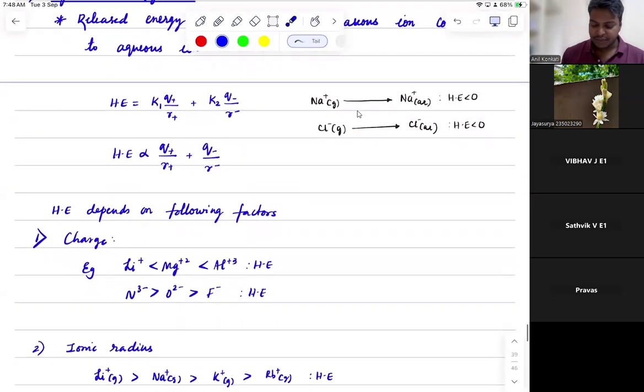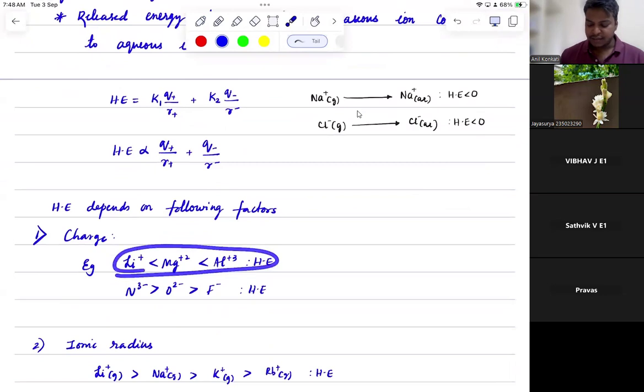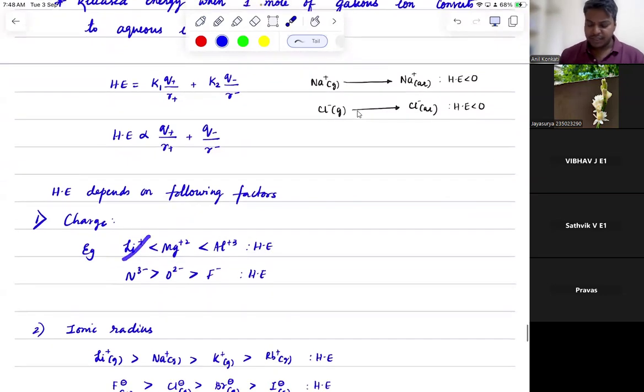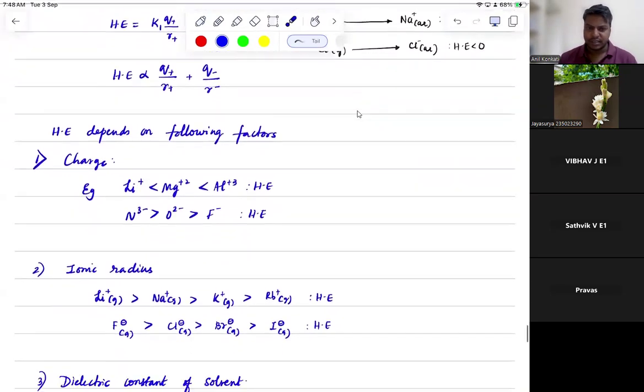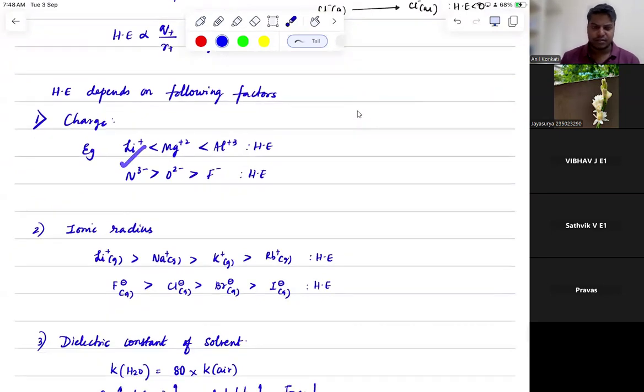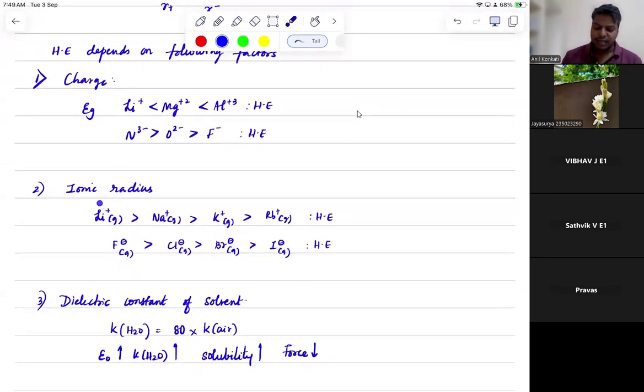If you notice the positive ions Li plus, Mg2 plus, and Al3 plus, as the charge increases, hydration energy increases. Same with negative charge: higher the charge on the negative side, higher the hydration energy. As for ionic radii, Li plus is greater than Na plus, K plus, and Rb plus, and F minus is greater than Cl minus, Br minus, and I minus.